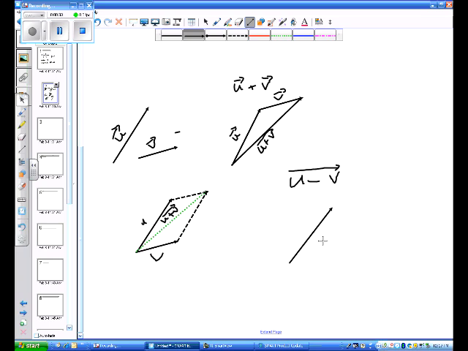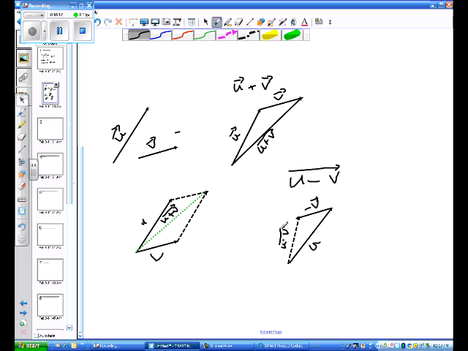So it would go off in this opposite direction. And then we would have our magnitude from the beginning of this to the end. And so we had u, but this is the opposite of v. So this would be u minus v.